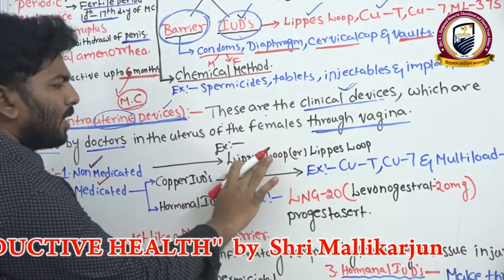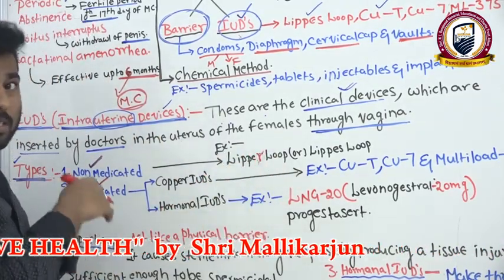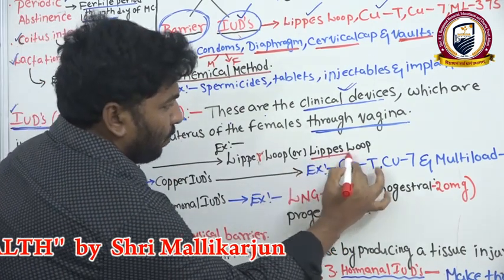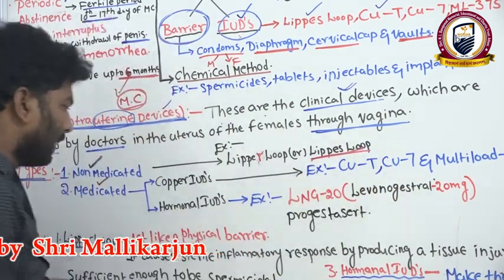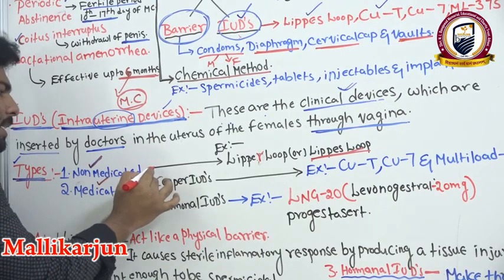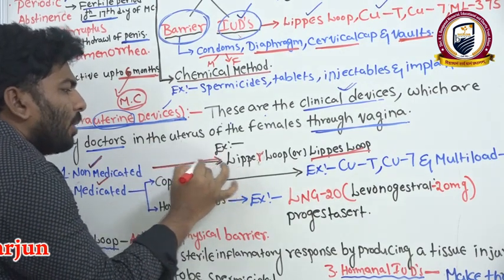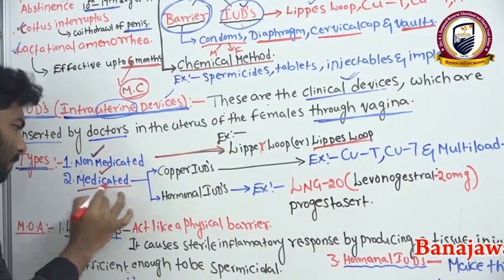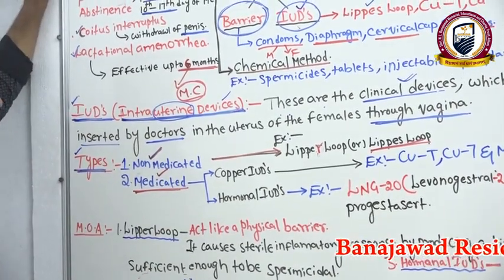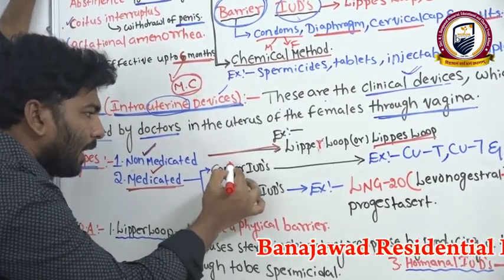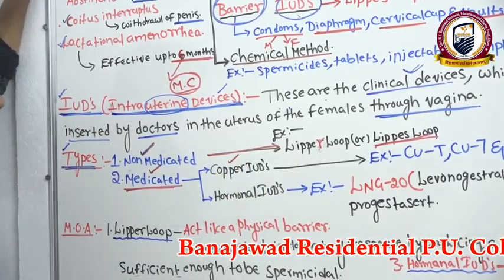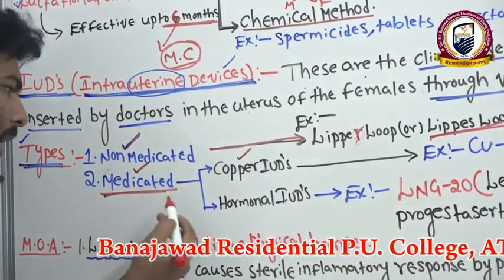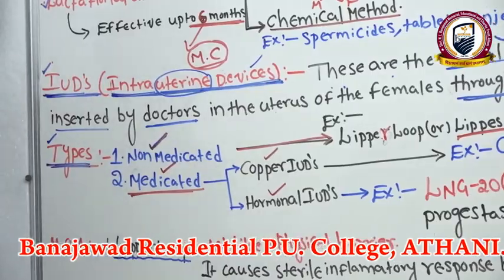In some books they mention Lipper loop, in some books they give Lippes loop. It is a non-medicated IUD example. Now the second one is the medicated IUDs. Under this category we will explain copper releasing IUDs and hormone releasing IUDs.